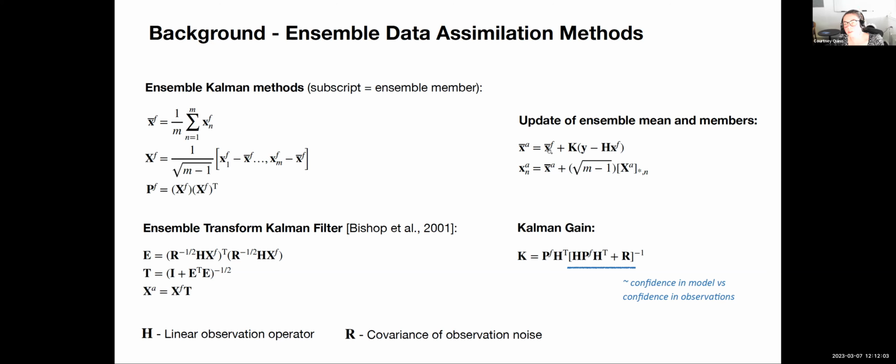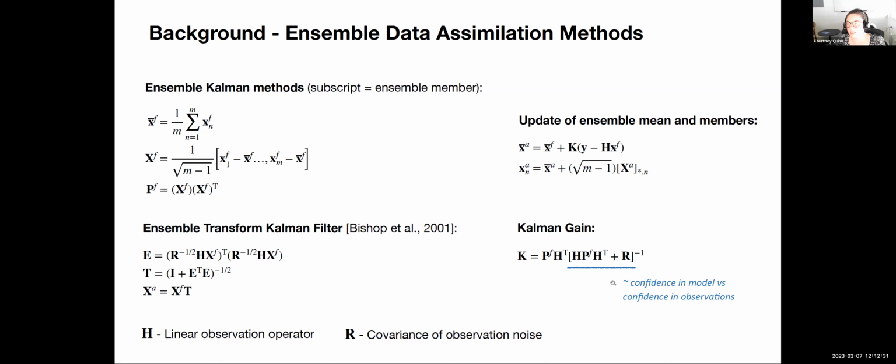You forecast your ensemble mean, and then you add on a term which is your Kalman gain multiplied by the difference between your observations and the same observations in your forecast space. So you can vary that.